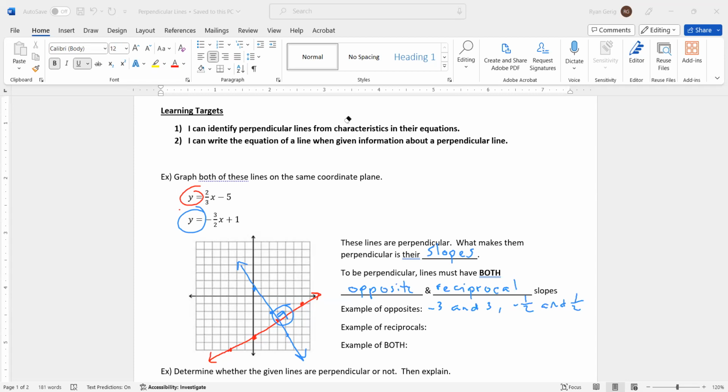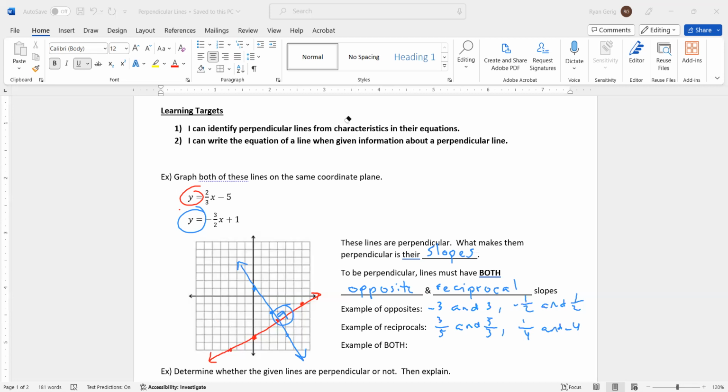Reciprocals would be something like 3/5 and 5/3. They're flipped. Or 1/4 and -4. Okay, so the fraction is flipped.